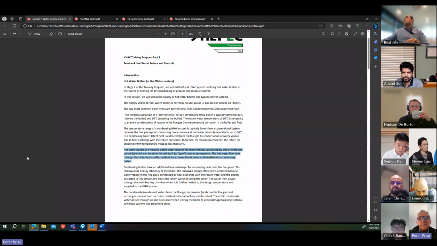Hot water boilers are typically either water tube or fire tube. That means that either the water's passing through the tubes in the boiler, or the fire is going through the tubes. I think it's probably more common that we have water tube boilers where the water is in the tubes.